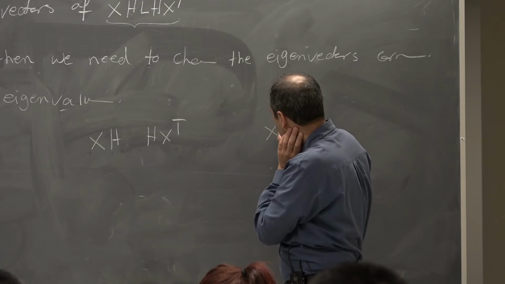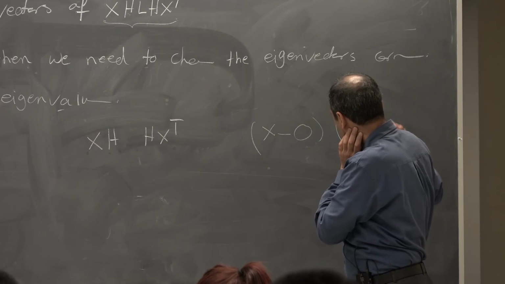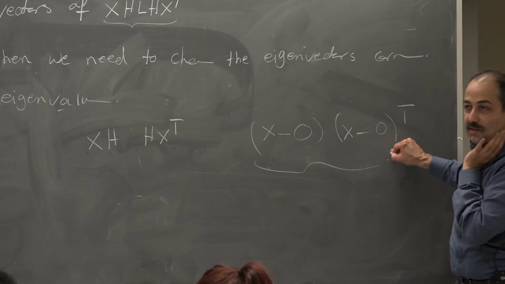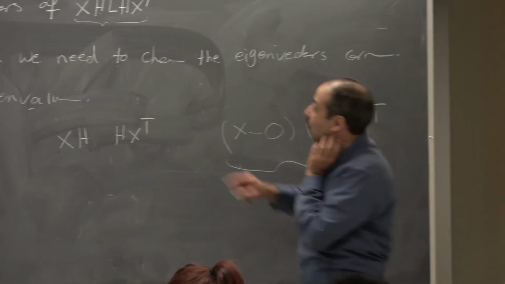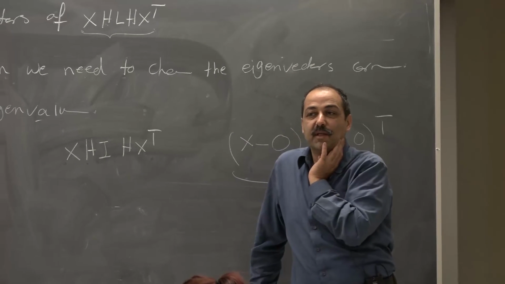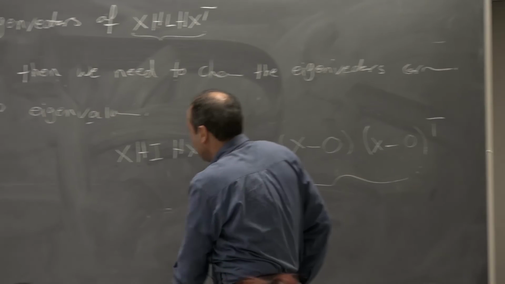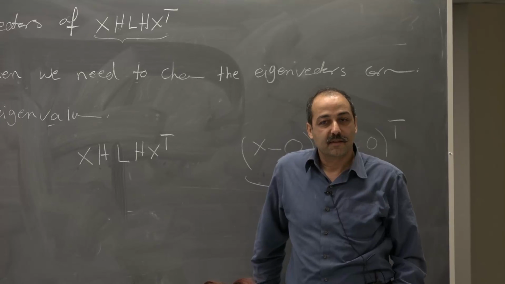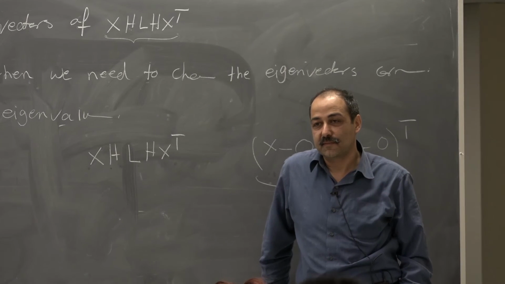So X minus the mean of X times X minus the mean transpose. What is this? It's covariance matrix, right? So if I replace L with I, this is covariance matrix and the solution is PCA. But if I put L here, it's supervised PCA. So it's just a general form of PCA.